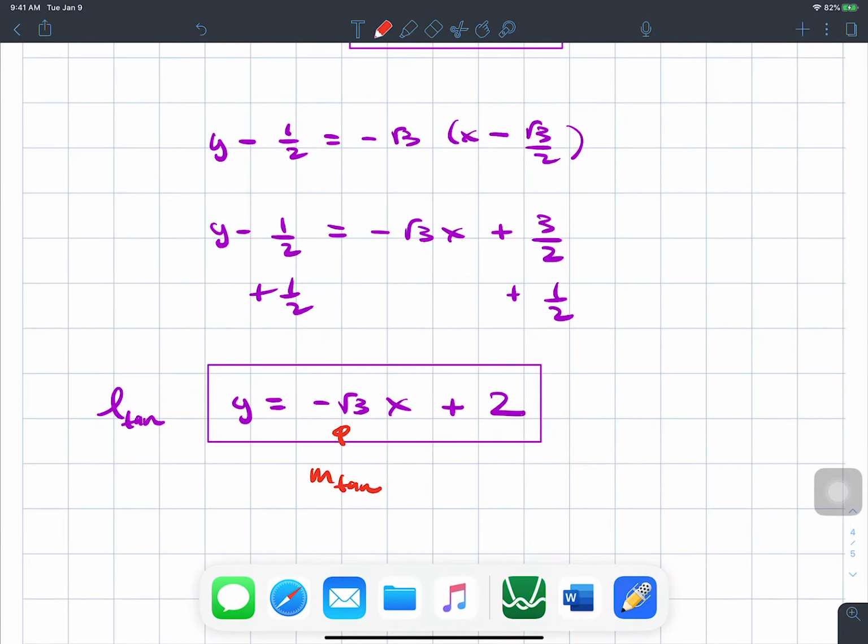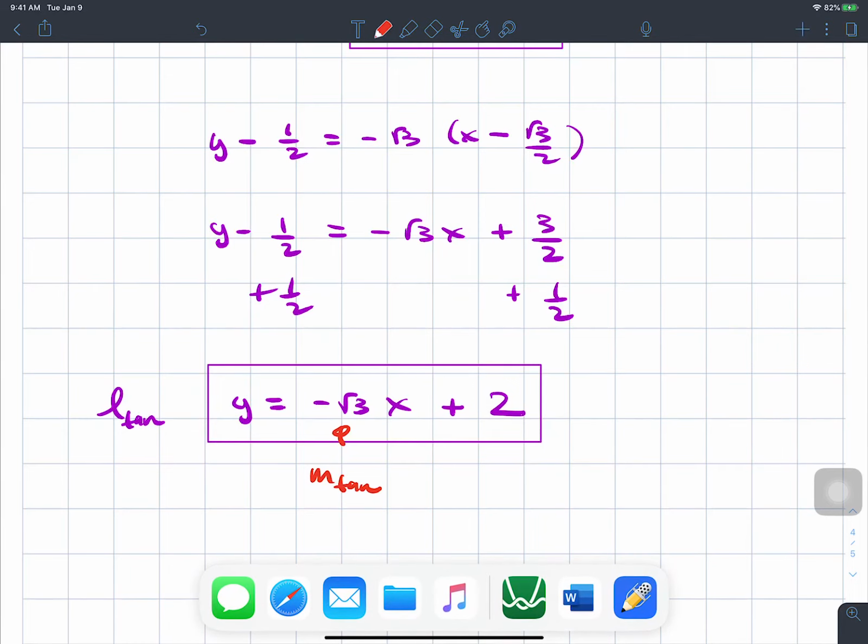So I just want to see that. Yeah, you guys get the point. There's the location of M tangent. Okay, this is how we find that.